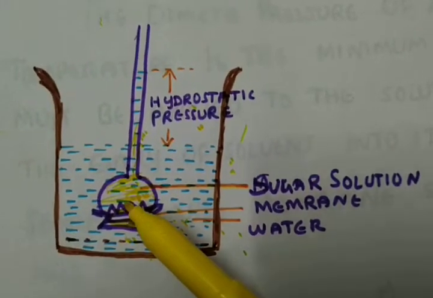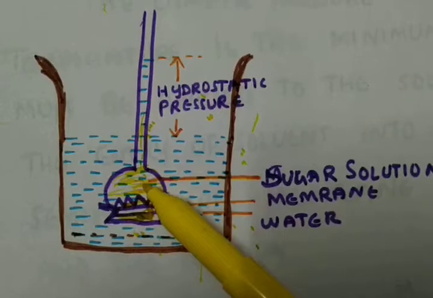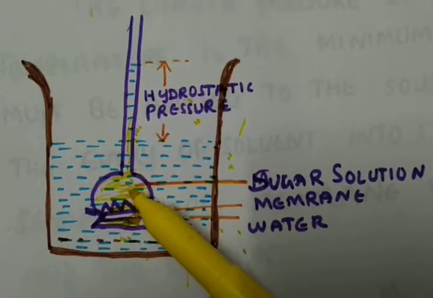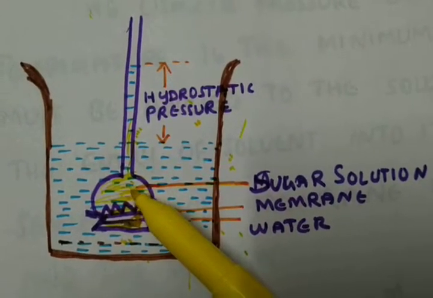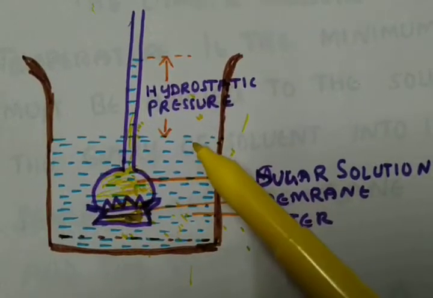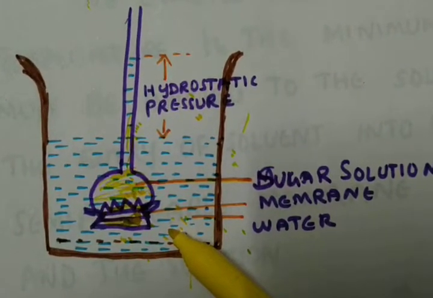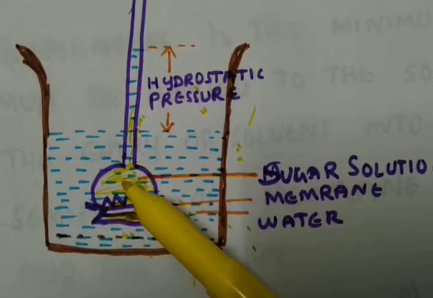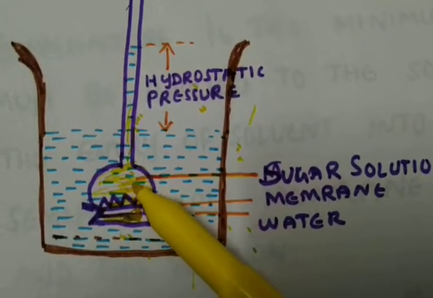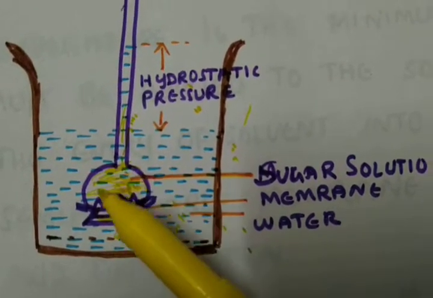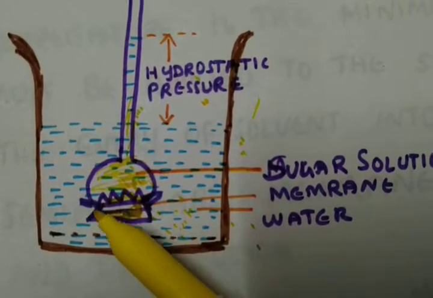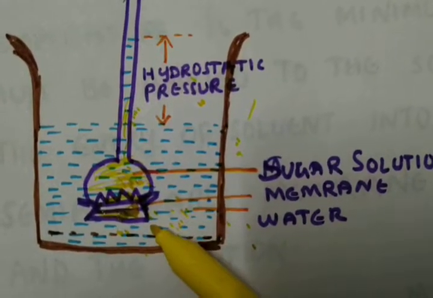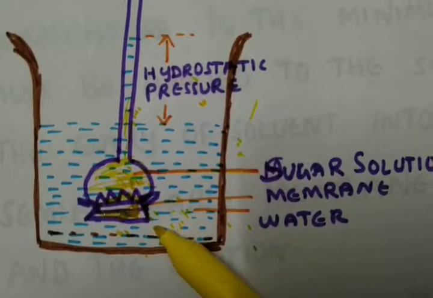Here you can see a thistle funnel is inverted, in which sugar solution is partially filled. The mouth of the thistle funnel is covered with the pig's bladder, which is kept in water in a beaker.